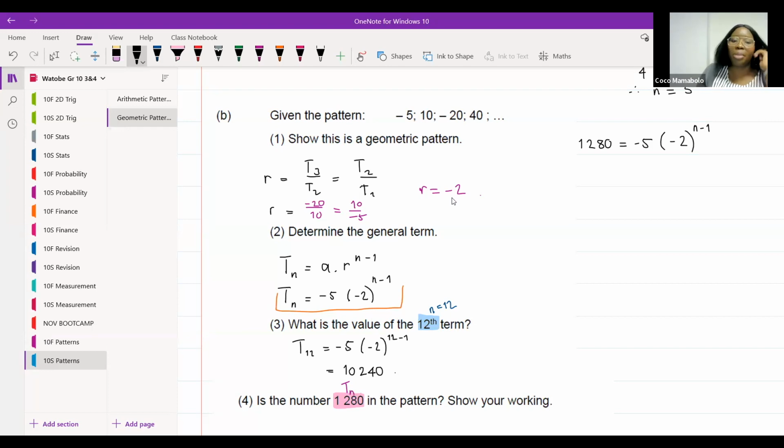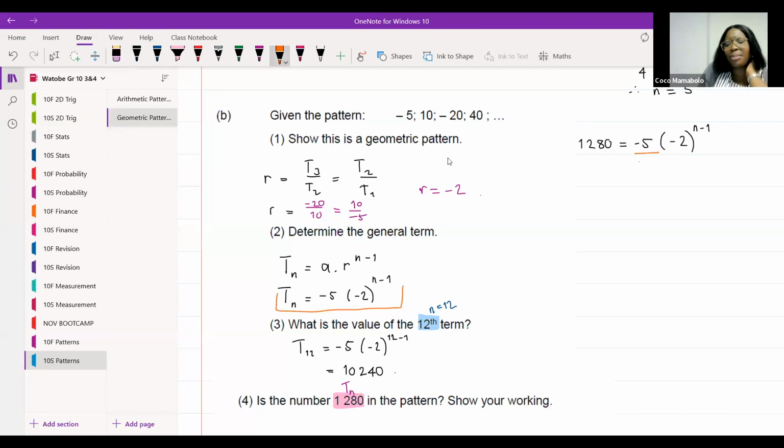My first step would be? So I'm going to take -5 over the equal sign. It's multiplied to that -2 to the power of n minus 1. How am I going to get rid of it? Aren't you going to be dividing by -5? Yes, good.